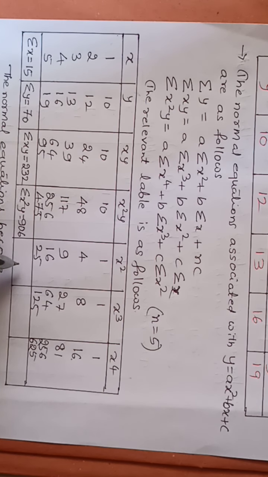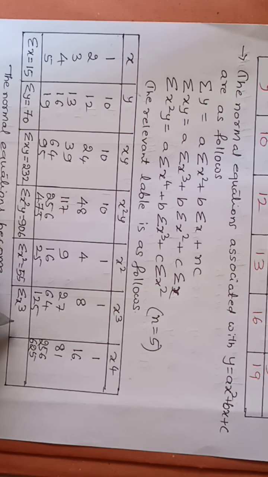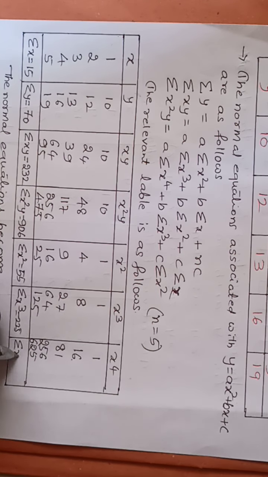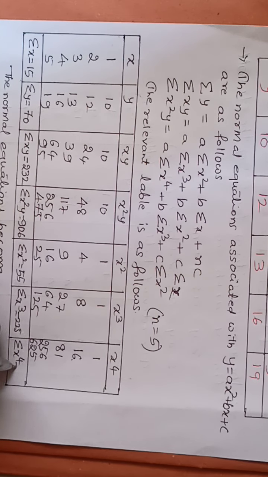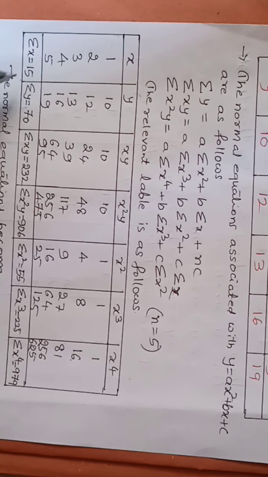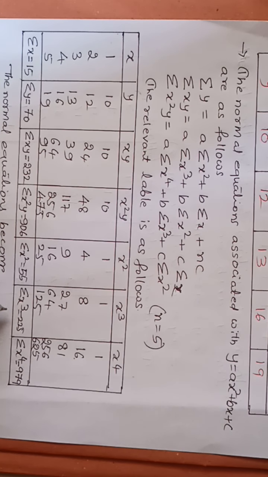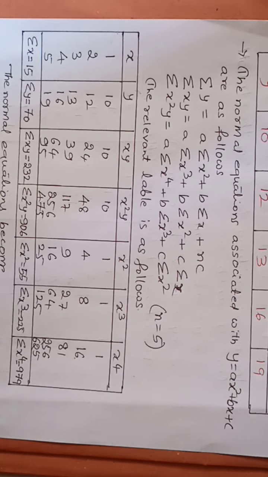Summation of x square becomes 55. Summation of x cube becomes 225. Summation of x raised to 4 becomes 979. So summation of x is 15, y is 70, xy 232, x square y 906, x square 55, x cube 225, x raised to 4 is 979.